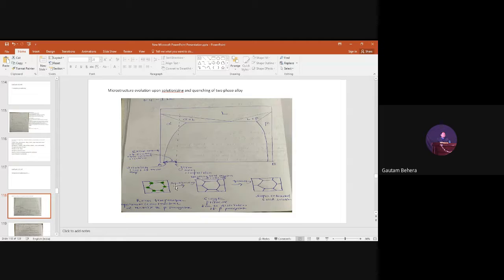Fine. So now what do you do? You are doing solutionizing. Solutionizing, you remember, you are taking the alloy to a high temperature where we will have a single phase region. Suppose I am taking the alloy to this point. So this is a single phase region alpha. Does anybody remember what solutionizing physically means? Complete solubility. Yes, complete solubility of what?